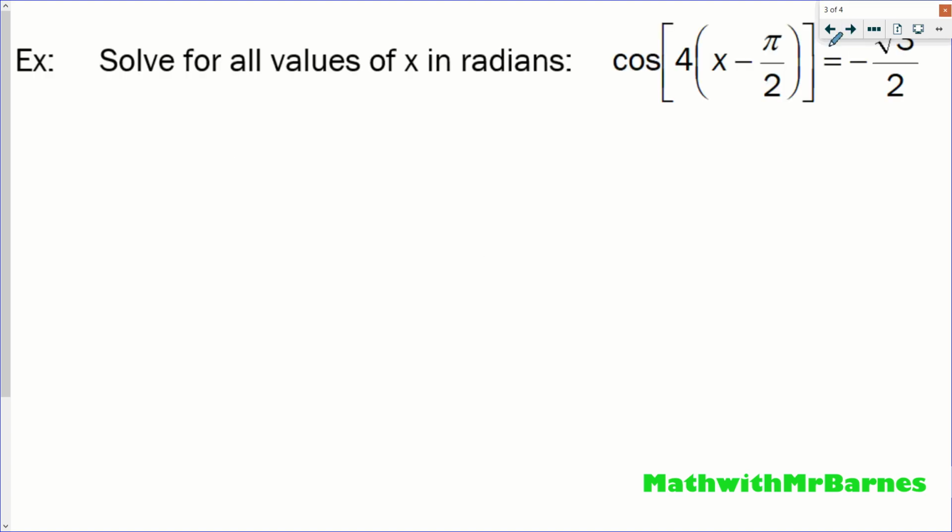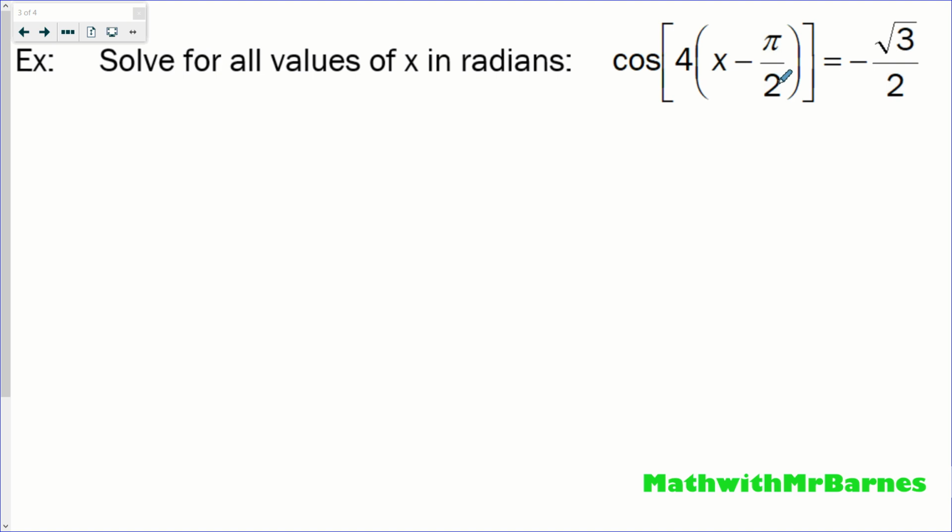Here's an example. Solve for all values of x in radians, and we're given cos of this complicated-looking thing. You can see we've got something inside where theta would normally be. Luckily, it's already solved for my ratio, so there's nothing to do at first. Our goal is to get cos by itself equal to a number.